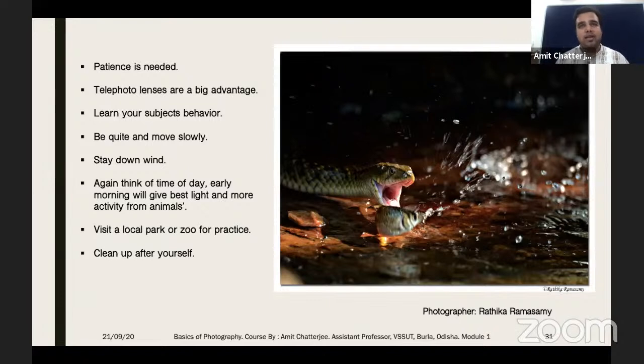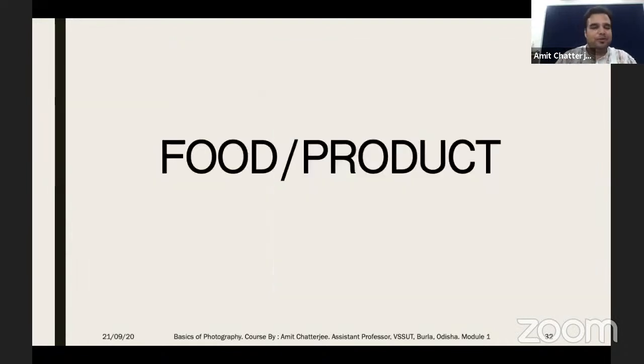The only demerit is the cage, but with the technical knowledge you can also blur out the cage and take the animals. So that is one thing that you need to know. If you have a zoo somewhere nearby in Coimbatore, you should visit that, and you can try out wildlife photography with less expensive stuff.